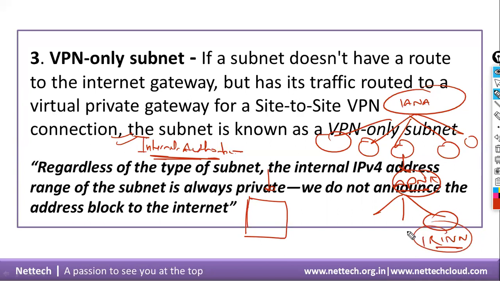The company, organization, or maybe a service provider will have to approach IRINN for public IP address assignment, and after paying a handsome amount of money and telling them why we need public IP address space, maybe 200 IPs or 500 public IPs are provided. Of course, not free of cost, it will be charged yearly. This is known as provider independent IP.